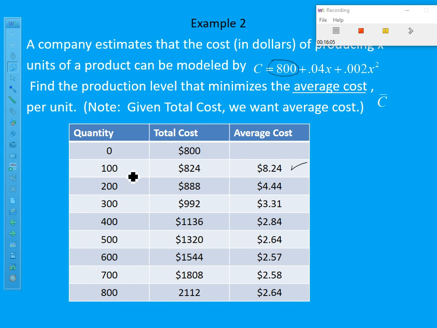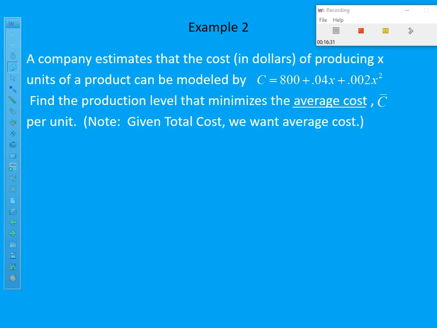Now notice, guys, as you produce more units, notice that the average cost seems to be going down until a point. Traditionally, what happens then is you need more machinery, you need more staff, so there comes some more cost into it. But now, math-wise, here's what we got going.